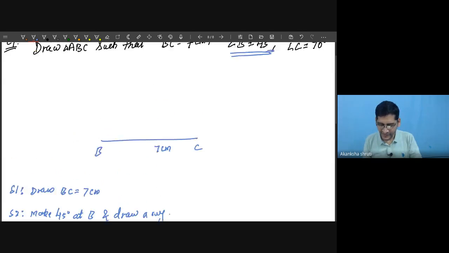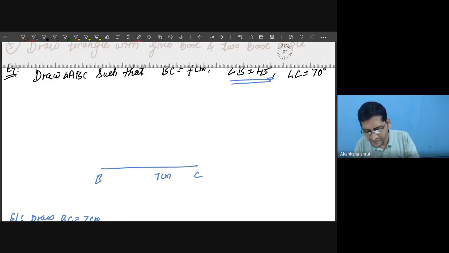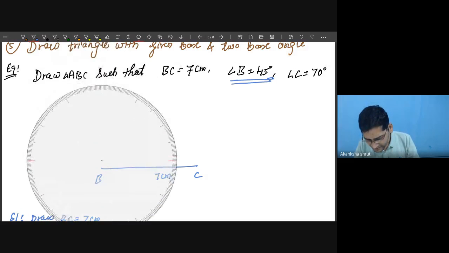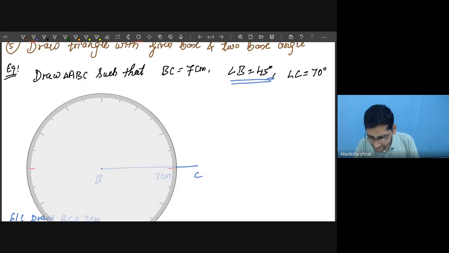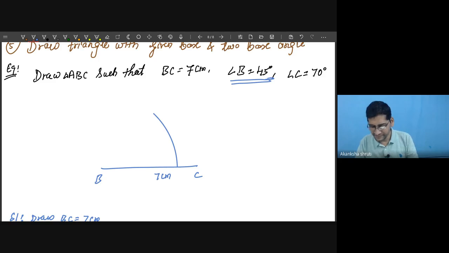It is like this. At B, let us take that 45 degree. Students, here we can take this as 45 degree. Here we are observing, where is our 45 degree? Yes, it is our 45 degree. So from this point here, you have to draw a ray.